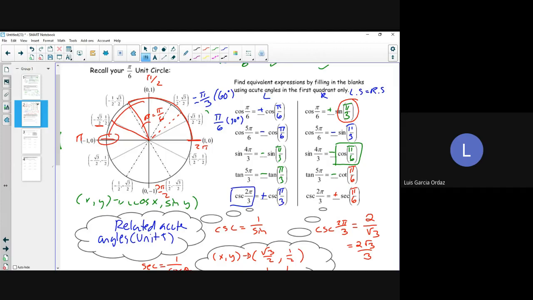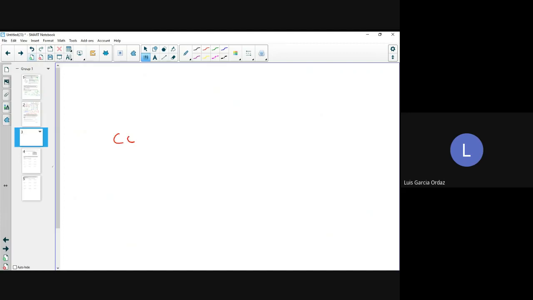Yeah, you can say cos of pi is equal to negative sine of pi over 2 or sine of 3 pi over 2, because it has two equivalencies. So let me just do this on a separate sheet. We said cos of pi is equal to negative 1, correct? Yeah.